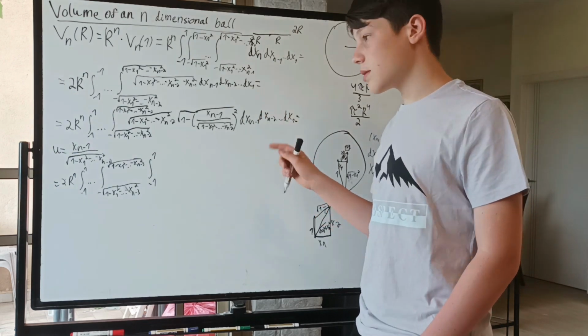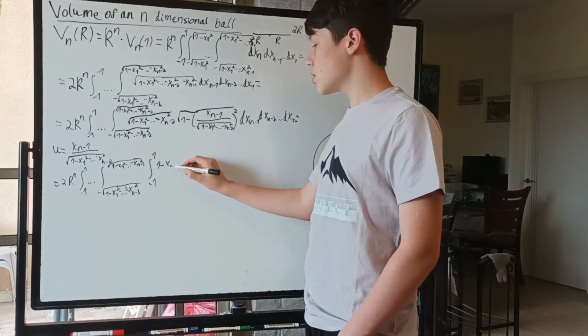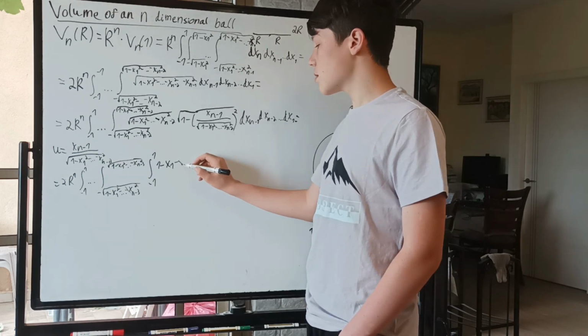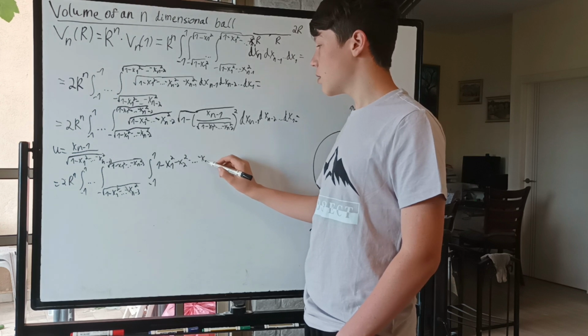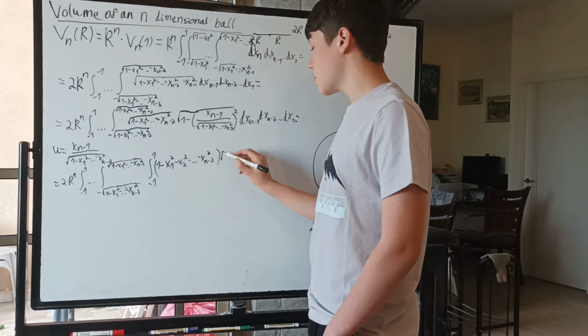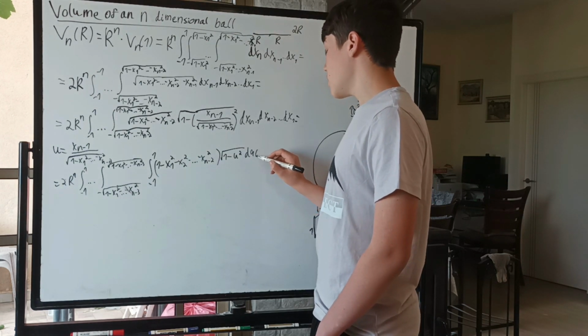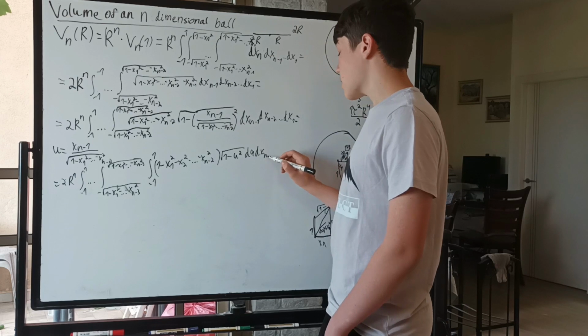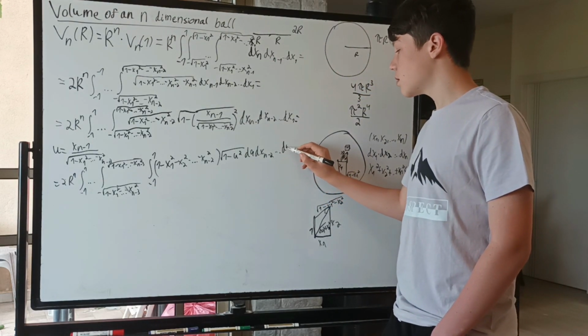The squared and the square root will cancel out, and we'll get just this. And all of this is multiplied by square root of 1 minus u squared. Then this is du dxn minus 2 until dx1.